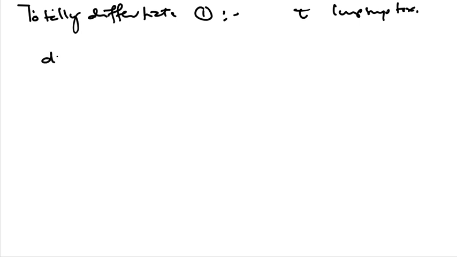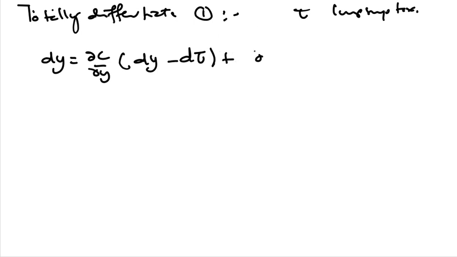So here, dY equals to delta C over delta Y, and in bracket dY, you look here, dT, because this is a lump sum tax, plus delta I over delta r times dr. Okay, this is for investment, which is a function of interest rate, and then you have dG. Okay, so we call this as 1a.